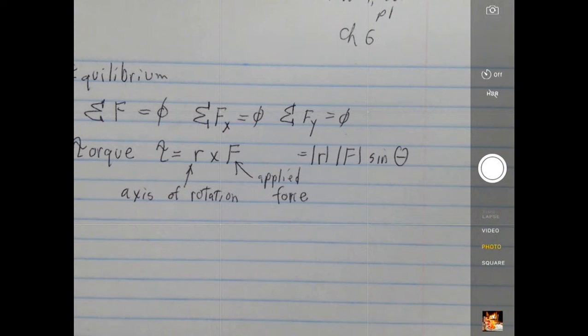Yes, the sine of the angle between those two directions. So if they're going in the same direction, then it's 0 degrees. Sine of 0 degrees is 0, and there is no torque. The maximum torque would be when the sine of theta is equal to 1, which occurs at 90 degrees.